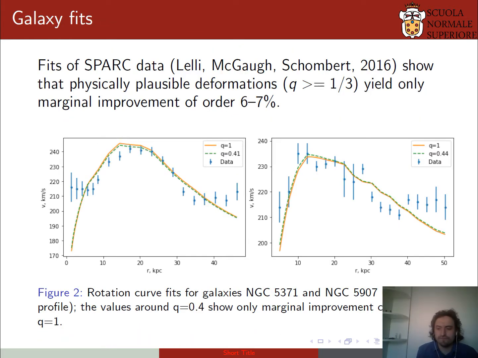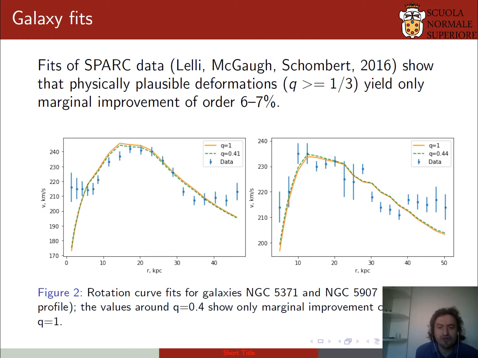But according to qualitative analysis of galaxies from the SPARC sample, the improvement in fit quality is actually marginal at best.